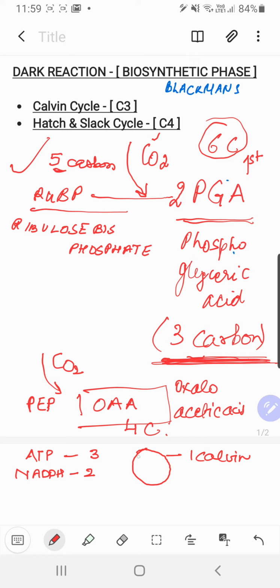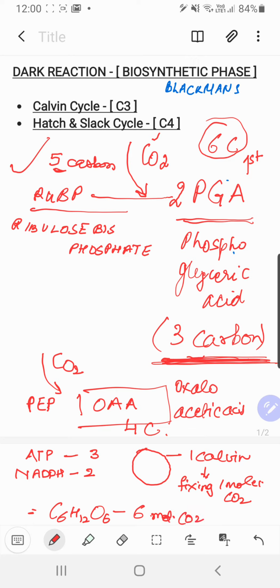And we know very well that 1 Calvin cycle is responsible for fixing one molecule of CO2, and in totality to make C6H12O6 you need 6 molecules of CO2 to be fixed, right?